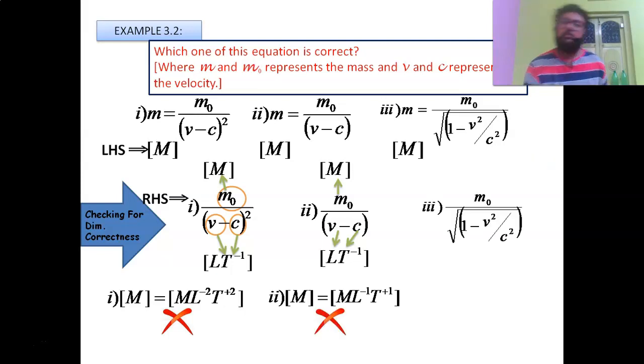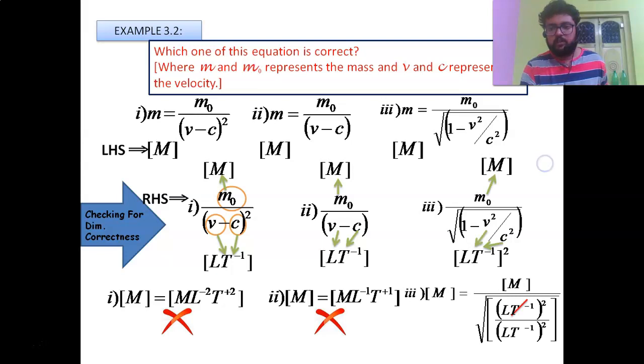If we do the same for the third equation, we can find this. Here we can see that the left hand side dimension is equal to the right hand side dimension, so according to the principle of homogeneity we can say this third one is correct.